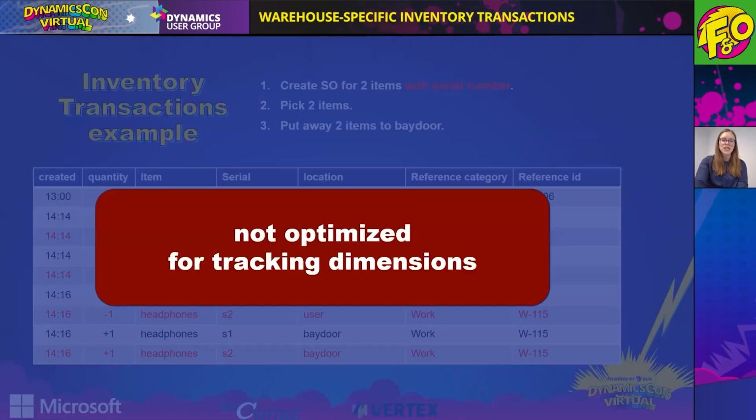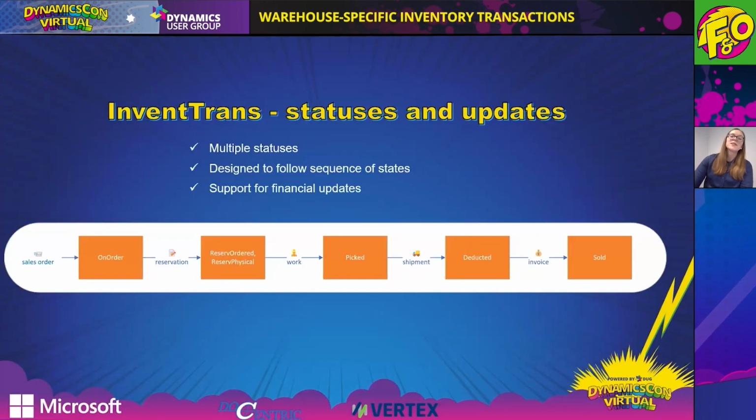Inventory transactions are not optimized for tracking dimensions. Inventory transactions were created with statuses and updates in mind. Usually, an inventory transaction, like the one for the sales order depicted on this diagram, goes through multiple statuses, multiple states in its life, and it follows a defined sequence.